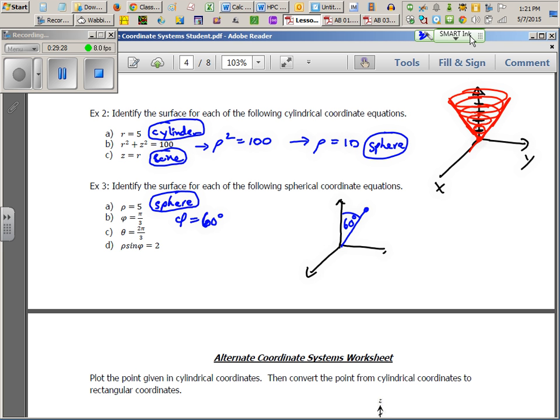And it's wrapped around. How do you know that all these thetas are okay? Well, theta's not mentioned in the equation. I'm sorry, actually phi is the only independent variable. The absent variables are theta and rho.